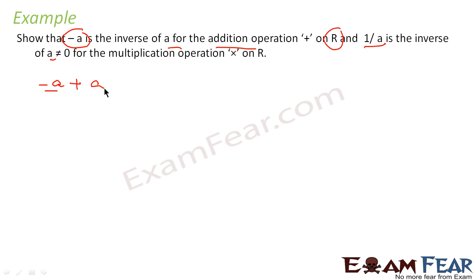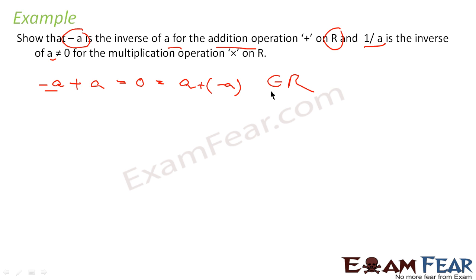This becomes 0. And if you add the other way around also, A plus minus A, this is also 0. So this is true for all R. You take any real number, you say minus A plus A, that is equal to 0, or you say A minus A, that is also equal to 0. Thus we can say that minus A is the inverse of A for the addition operation.